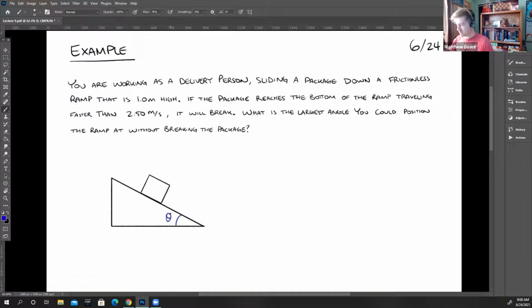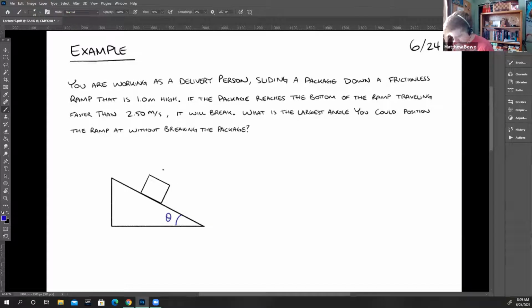So I always start with a picture, and let's label the forces that we were going over in last class. We could always say that the force of gravity is pulling something directly downward.